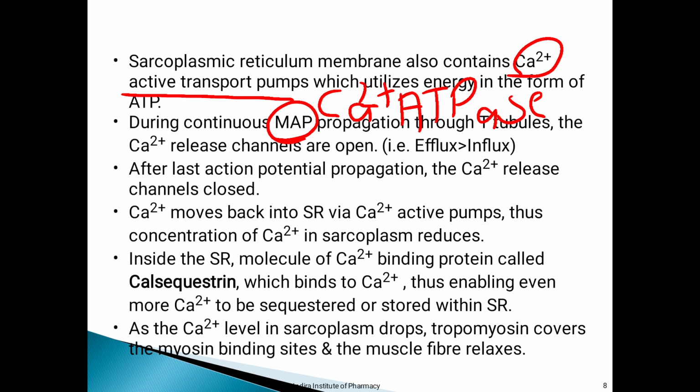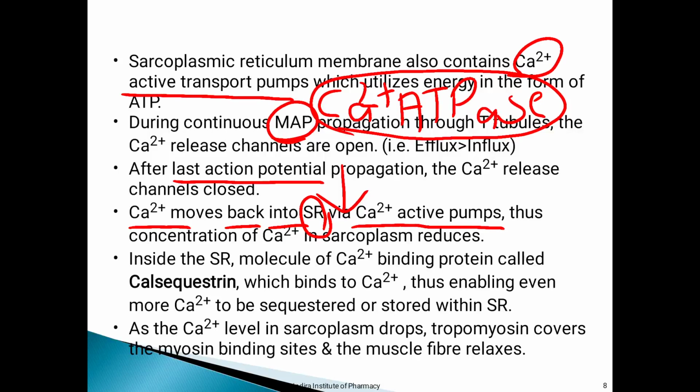But when the last action potential decreases, the release of calcium also decreases. So calcium moves back into the sarcoplasmic reticulum via the calcium active pump, that is calcium ATPase.